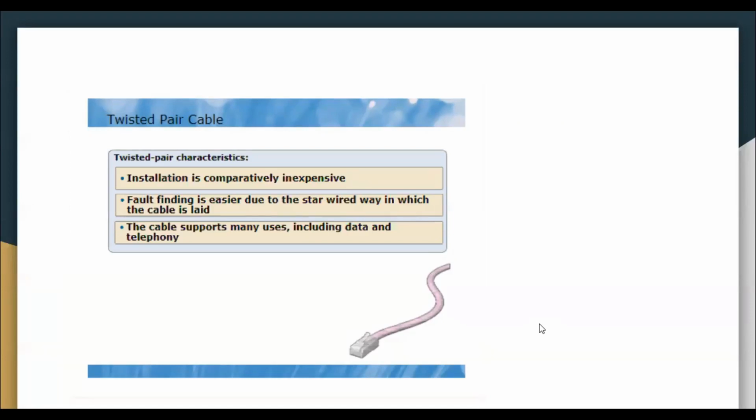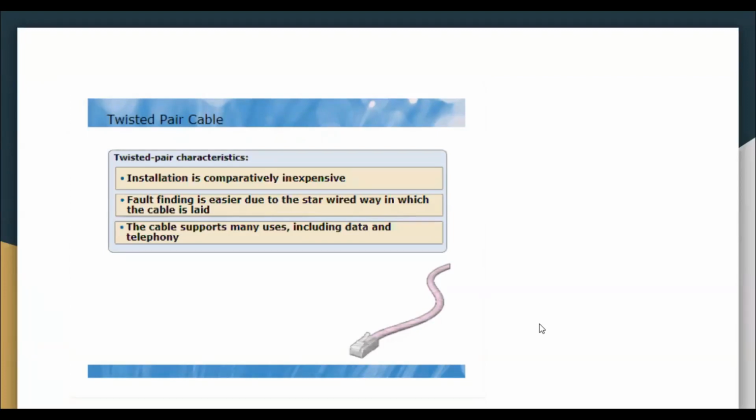The twisted pair cable was primarily developed for computer networks, and this cable is also known as Ethernet cable. Almost all modern LAN, or local area network, computer networks use the twisted pair cable.